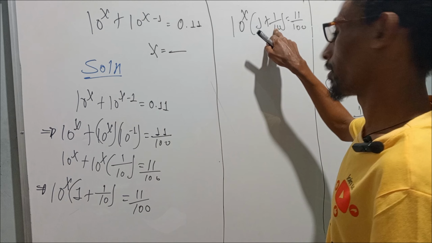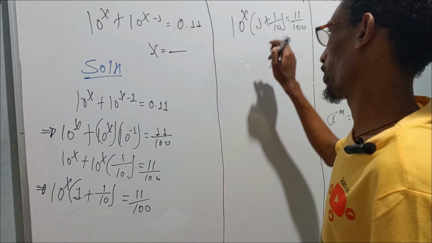Now our equation becomes 10 to the power of x in bracket 1 plus 1 over 10, which is equal to 11 over 100. This is the last simplified equation.